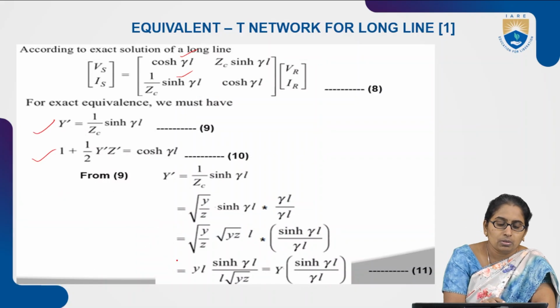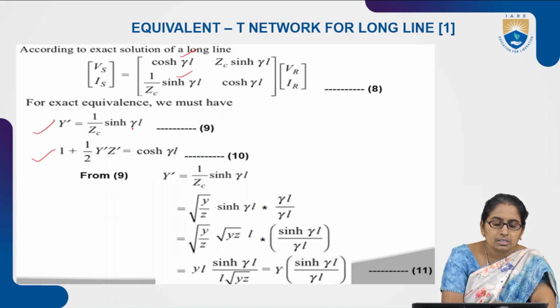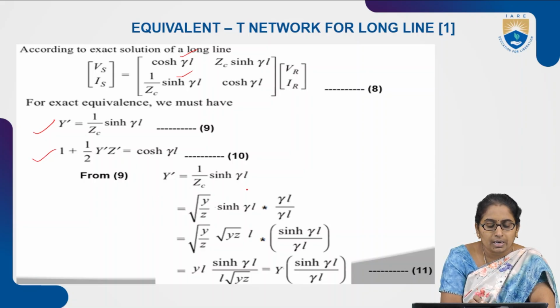So Y dash is equal to 1 by Zc sinh gamma L. Now first find Y dash, then we can find Z dash by 2. So Y dash is 1 by capital Zc sinh gamma L. Write down what Zc is, square root of small y by small z, and multiply and divide with gamma L.